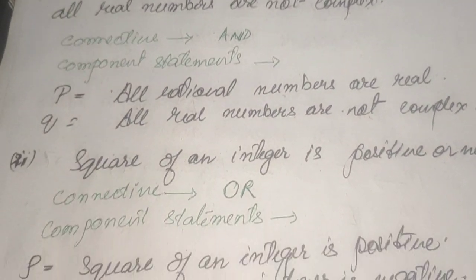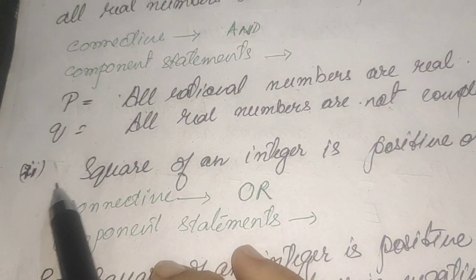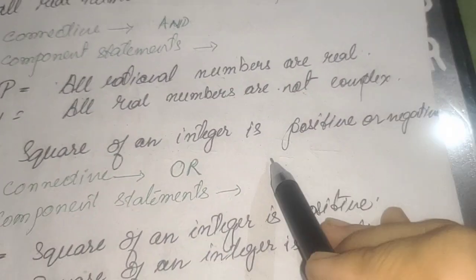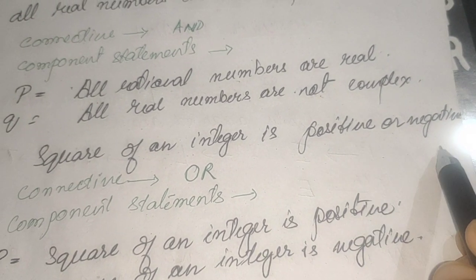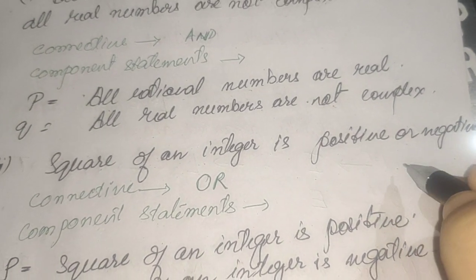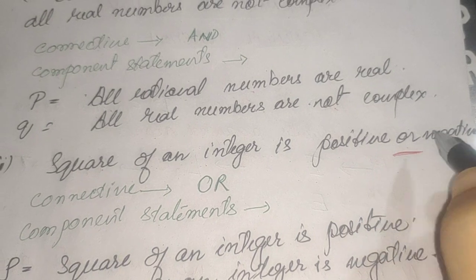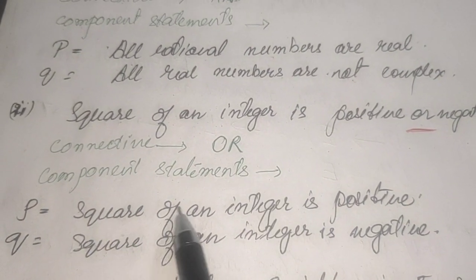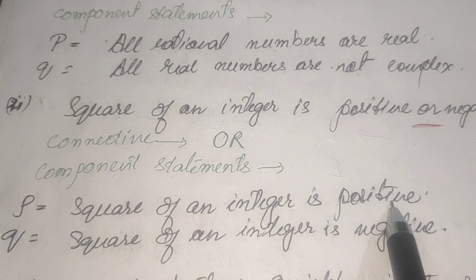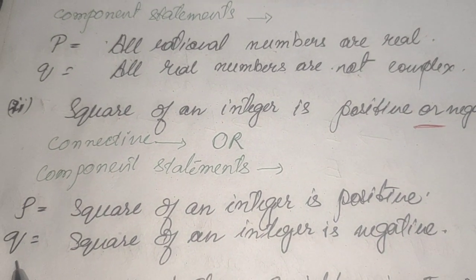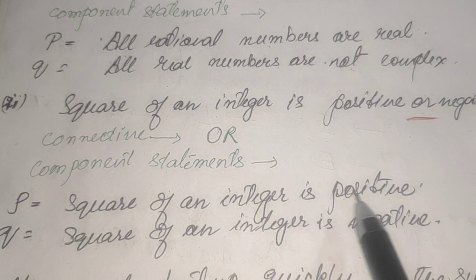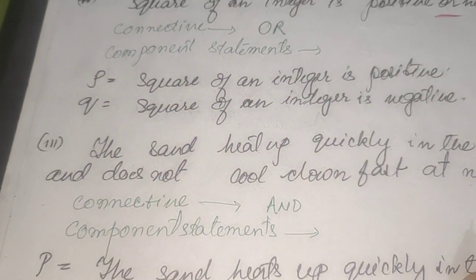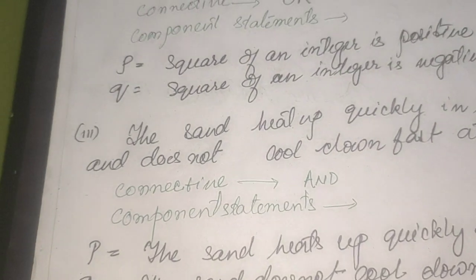Next, question number 2 is square of an integer is positive or negative. So or is the connective. The component statements are P, square of an integer is positive, and Q, square of an integer is negative.